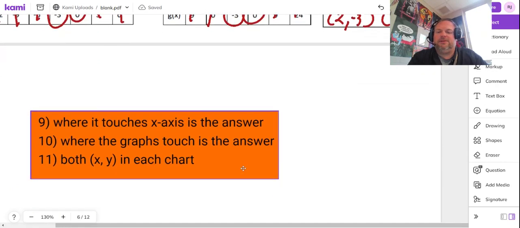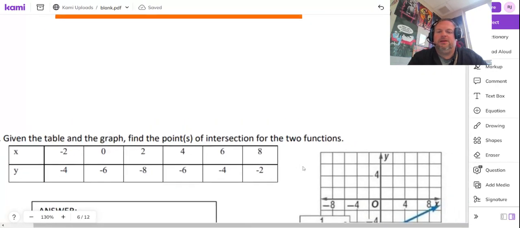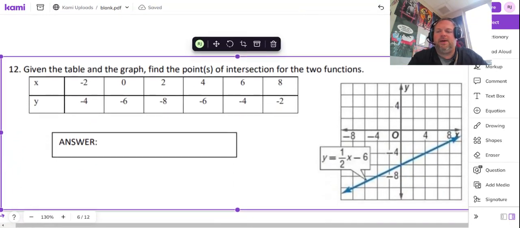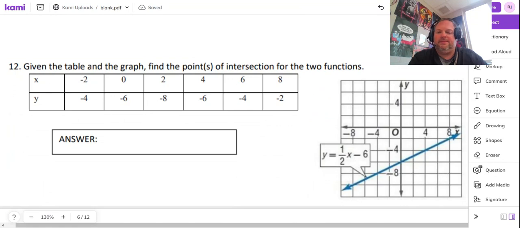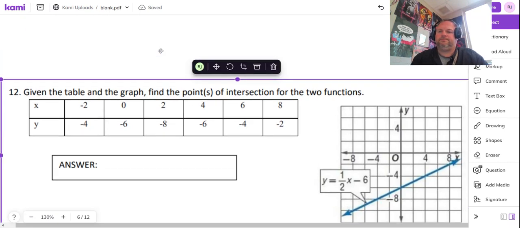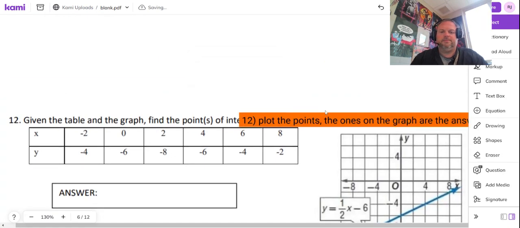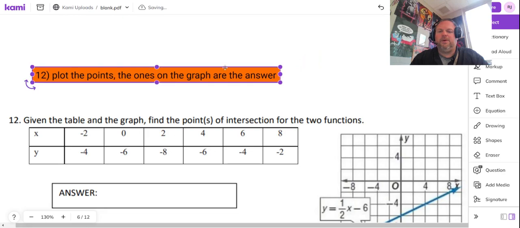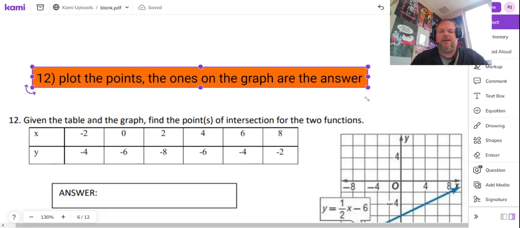So put that right there. All right. Number 12. Plot the points. The ones that touch the graph are the answer.